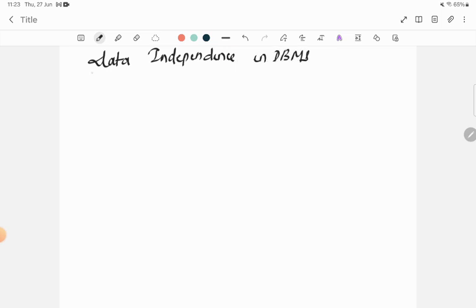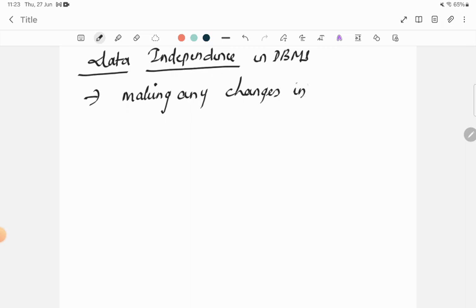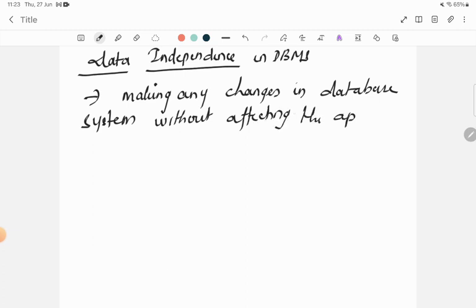Data independence is the ability, or the process, of making any changes in the database system without affecting the application. It means that if you make any change at the data level, it is not going to affect the application, or how the user interacts with the data.